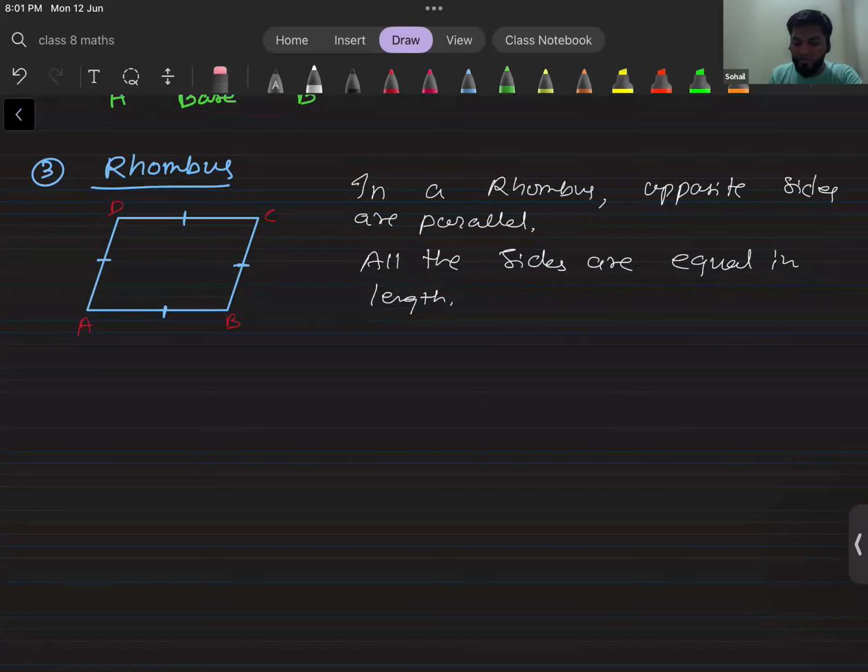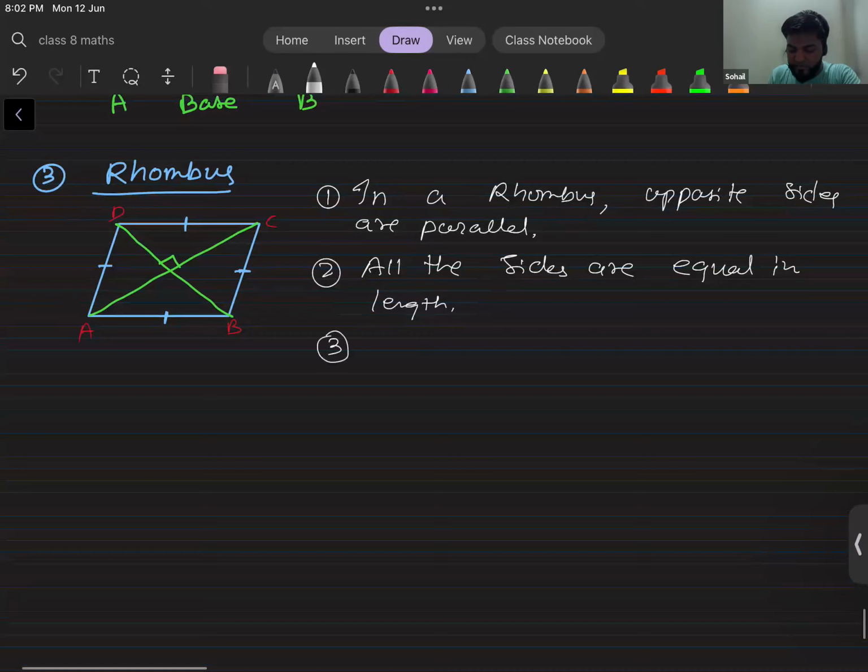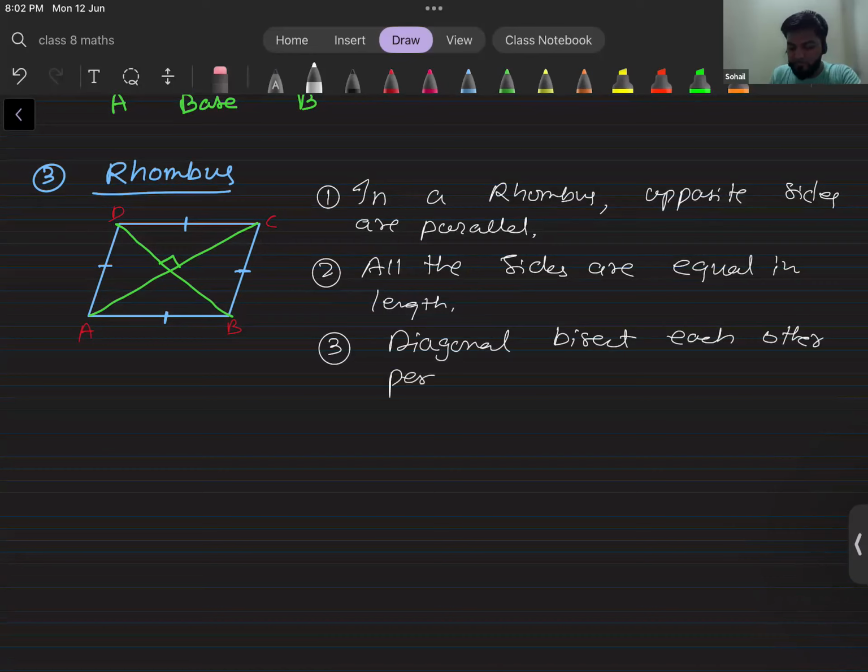And if you draw the diagonals here, diagonal AC and diagonal BD, they will bisect each other at 90 degree. Basically, they are perpendicular to each other. So the third point is that diagonals bisect each other perpendicularly. Notice these three things about a rhombus. What are the points we talked about?